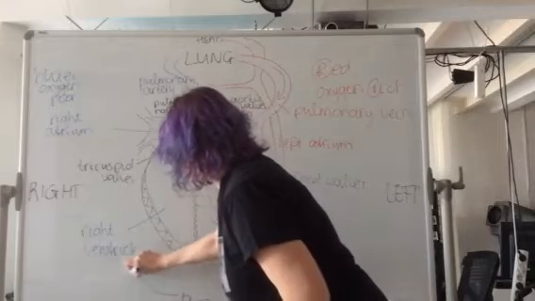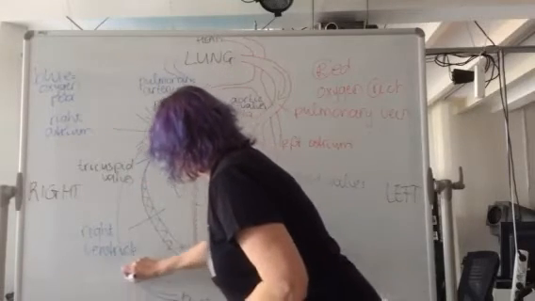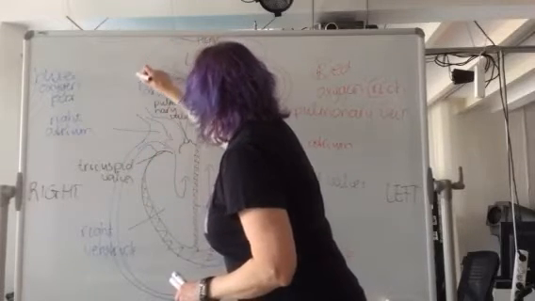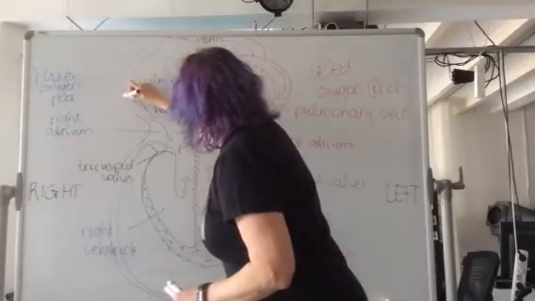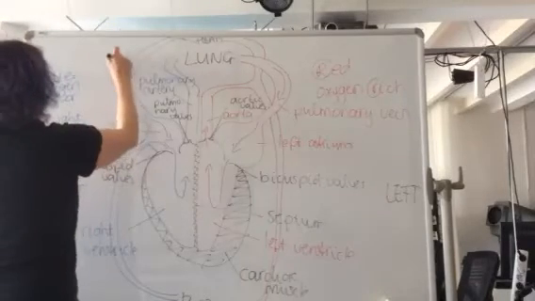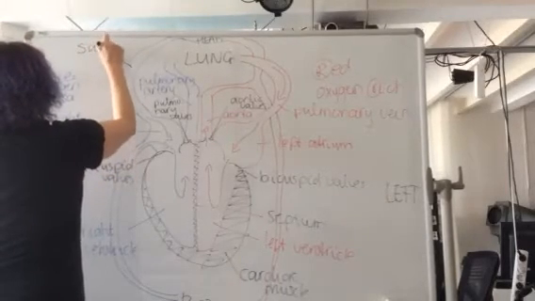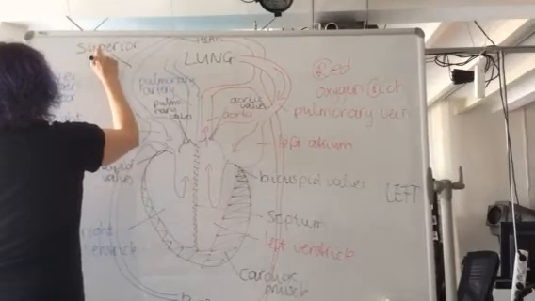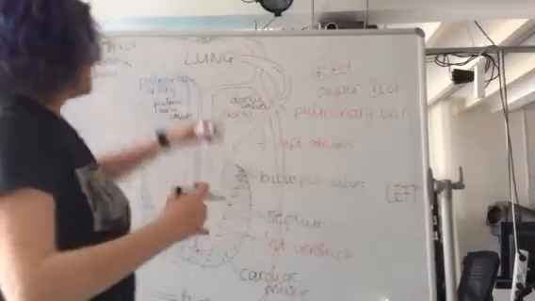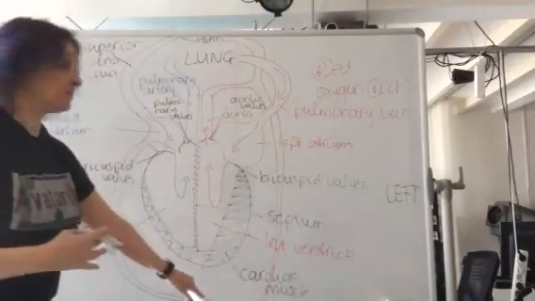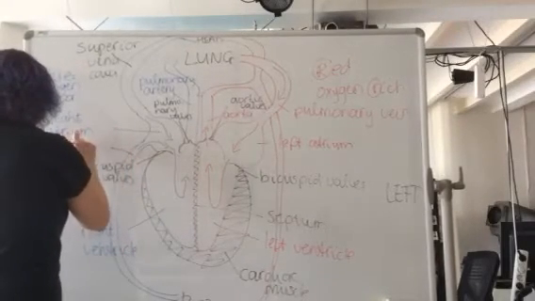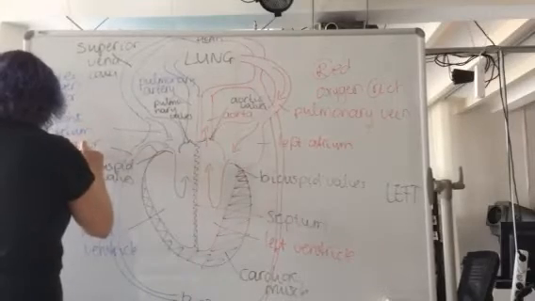We have the vein over here, and we have from the head the upper one, called the superior vena cava. It is superior because it's on top, and the lower one, which comes from your body, is called the inferior vena cava.